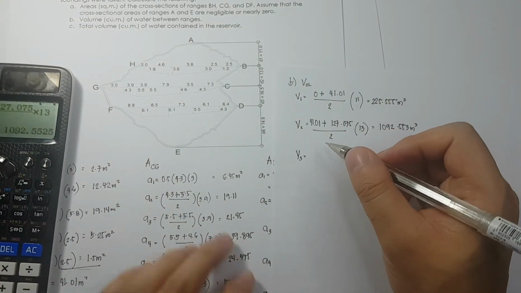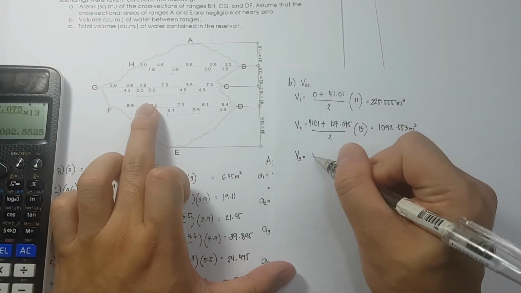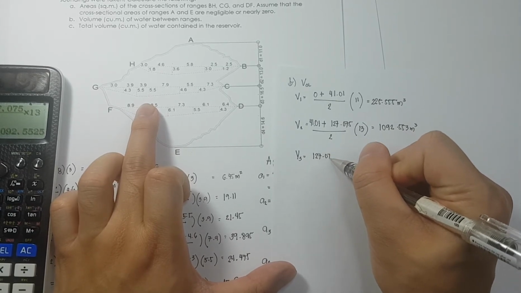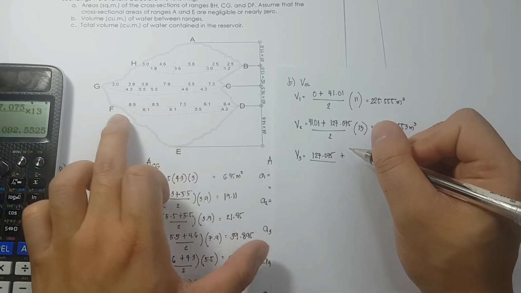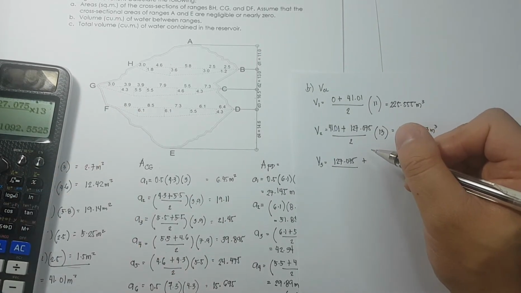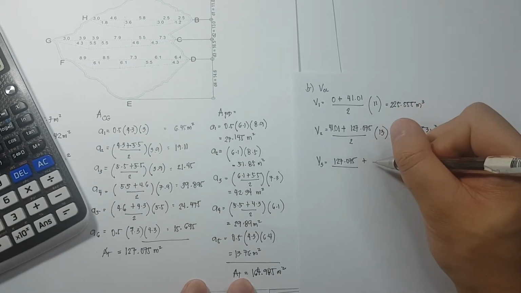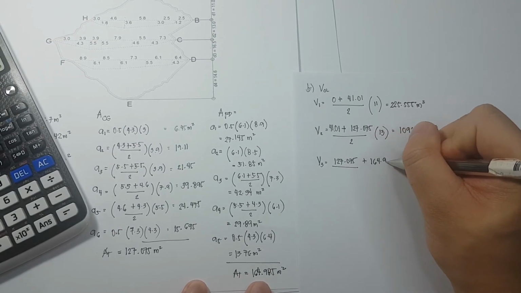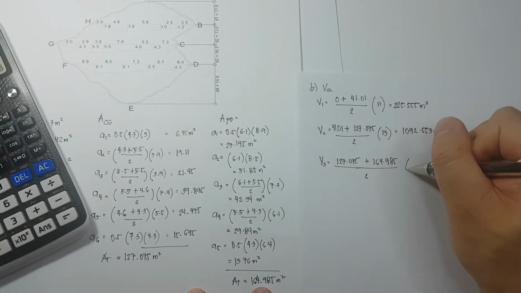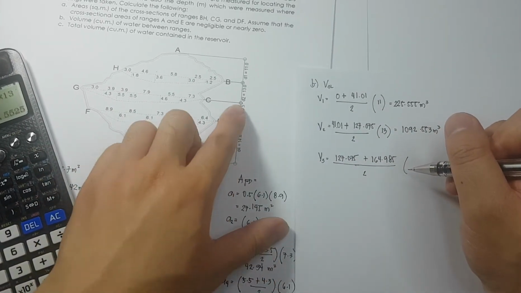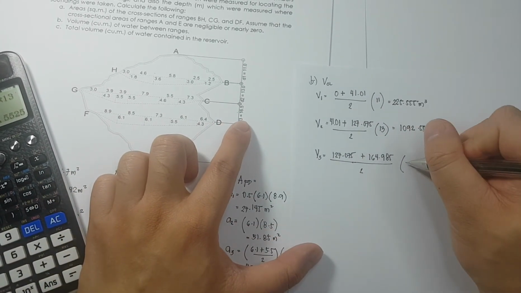Volume 3, that is the volume of CG, which is 127.075, plus the volume of DF. So the volume of DF is 164.985 divided by 2 times the span of 16.5.